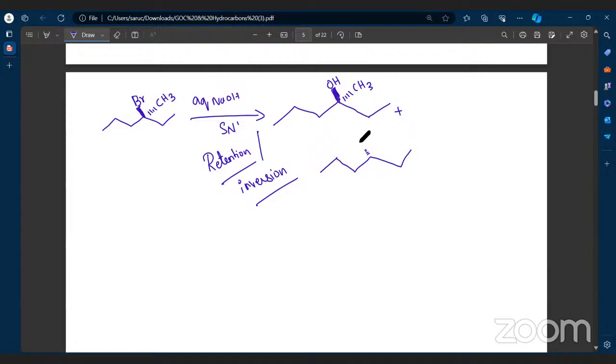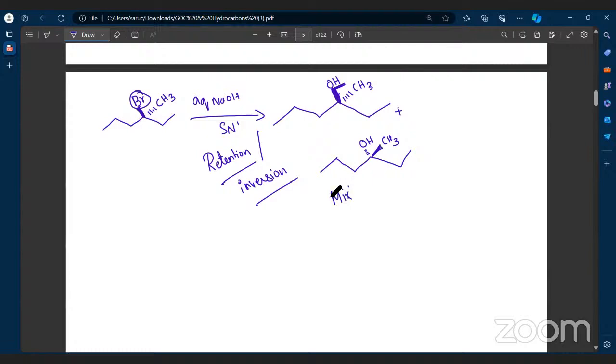What type of configuration will it have? SN1 will have the retention configuration. See over here, I have written that Br is replaced with OH and the bond is a wedge bond. And will it have an enantiomer? When you take the mirror image, you get the enantiomer.